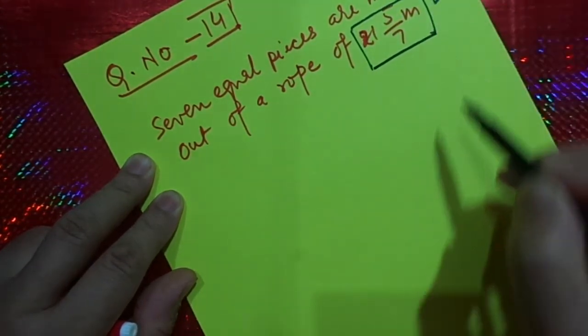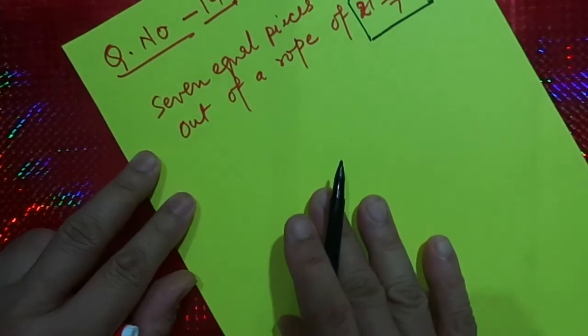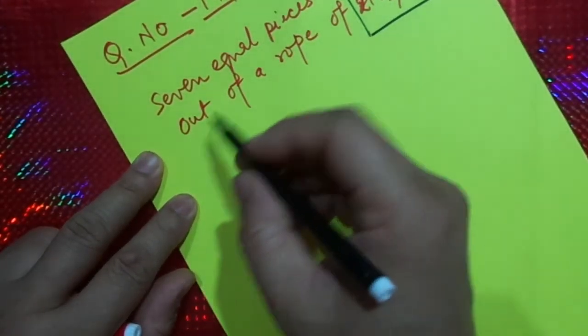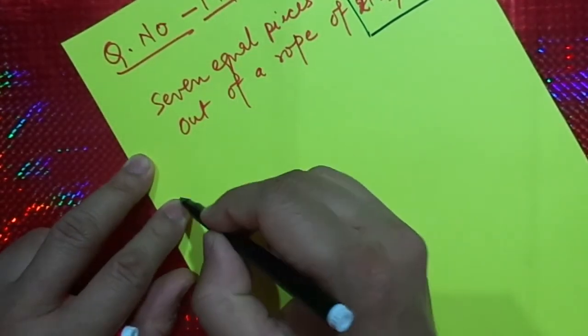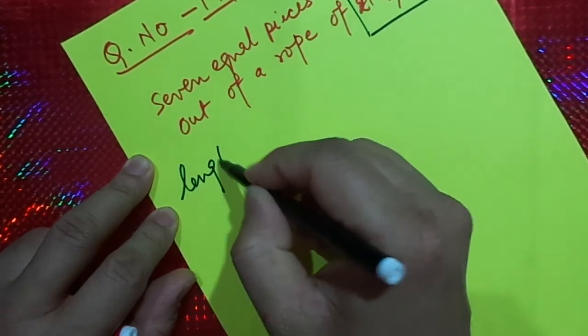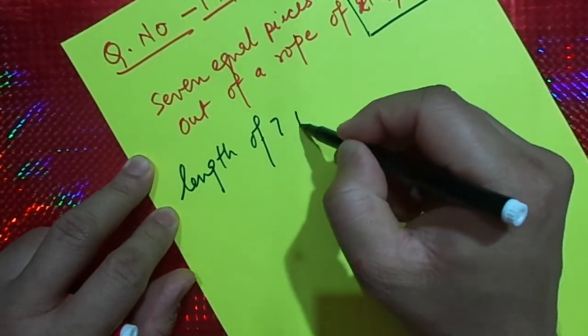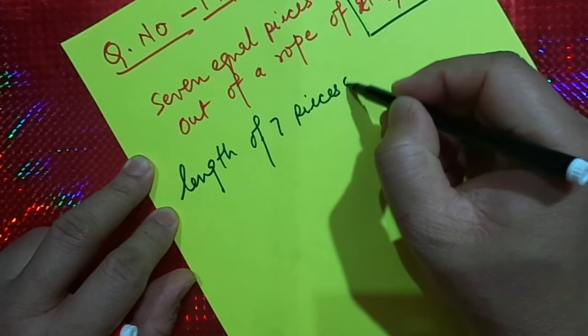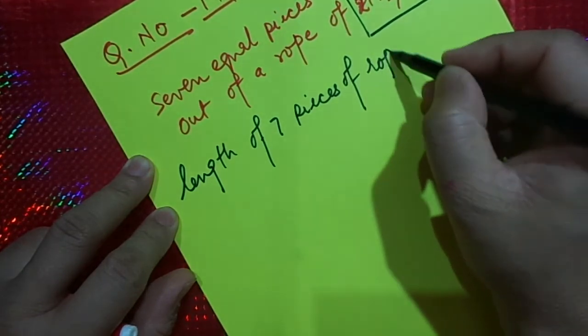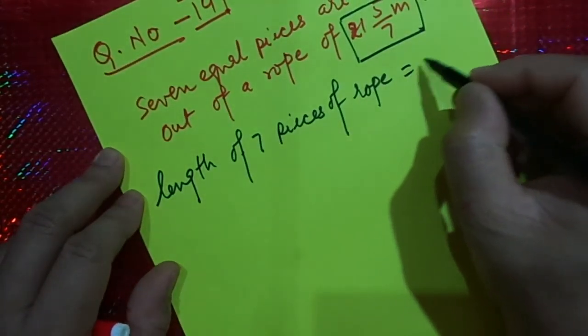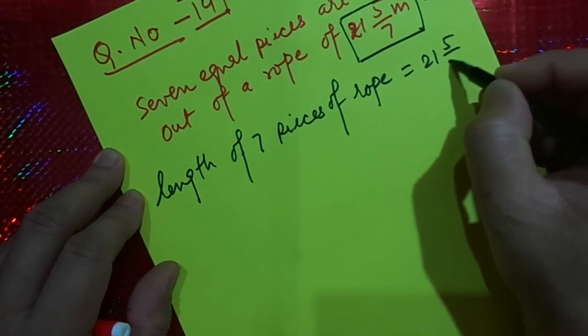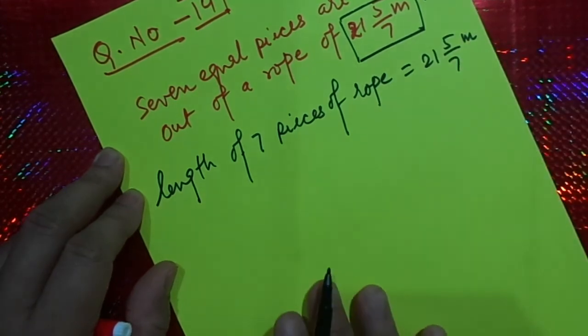This clearly means that the length of 7 pieces of rope is equal to 21.5 by 7 meter.